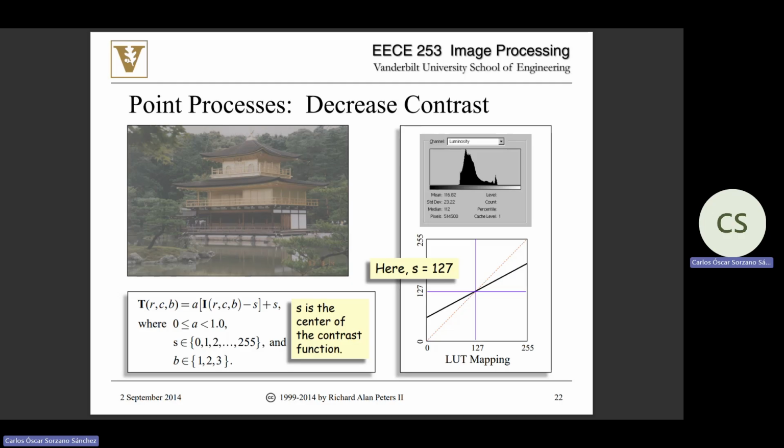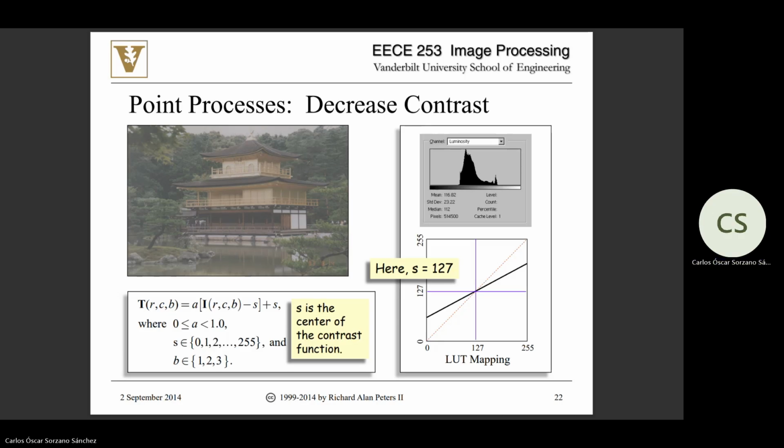So let's say that my original image could completely occupy the input range. So it was going from 0 to 255, really. And then I apply this function. My output will not go from 0 to 255. It will go from 60 to, I don't know, 200. So the difference between minimum and maximum is now smaller.